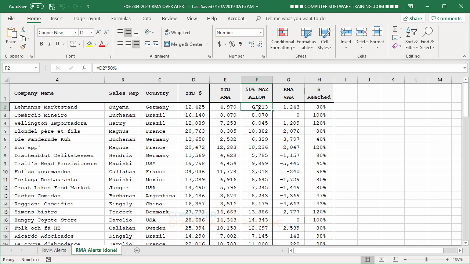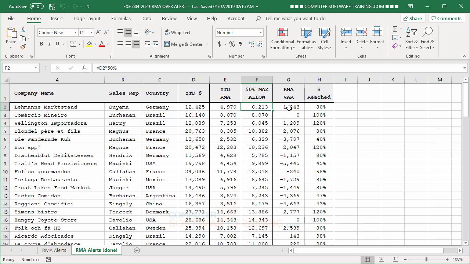And we're able to get that by taking that year to date number and just multiplying it by 50%, and that's how we get this number here. Then we look at this RMA variance, so that would be the difference.